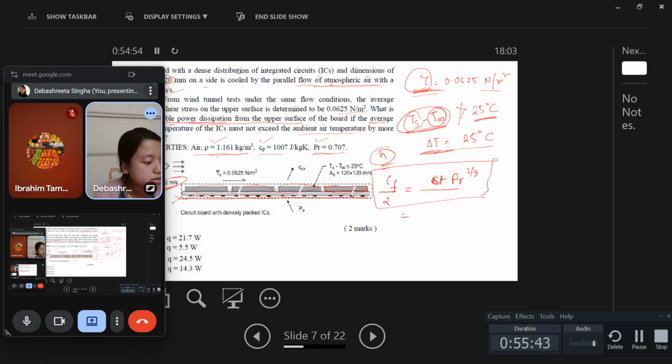So CF is given by tau divided by rho into U infinity square divided by 2. This whole one is CF. So this into half is equal to Stanton number into Prandtl number to the power 2 by 3.